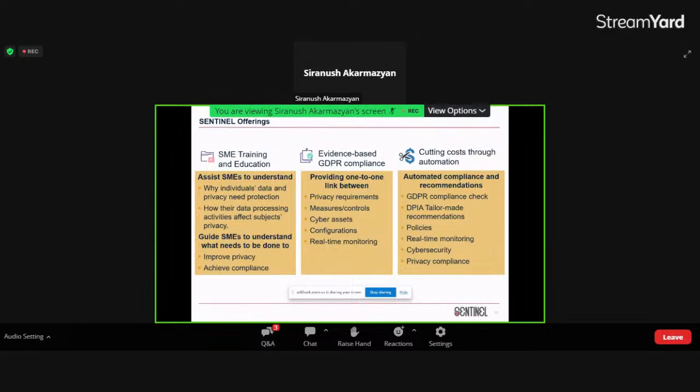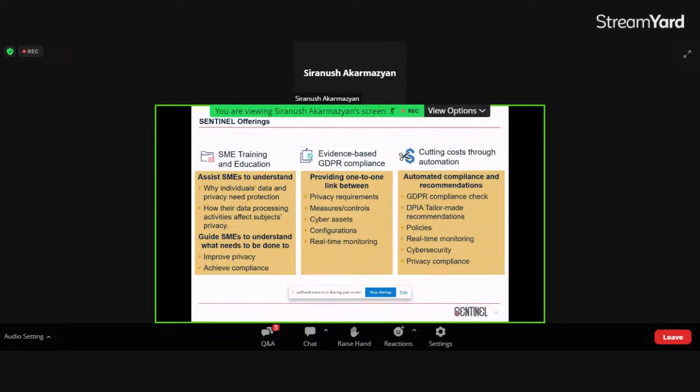And also to guide SMEs to understand what needs to be done in order to improve privacy and achieve compliance. The second pillar of Sentinel offerings is that it provides evidence-based GDPR compliance, by providing a one-to-one link between privacy requirements, measures or controls, their cyber assets, and also real-time monitoring.